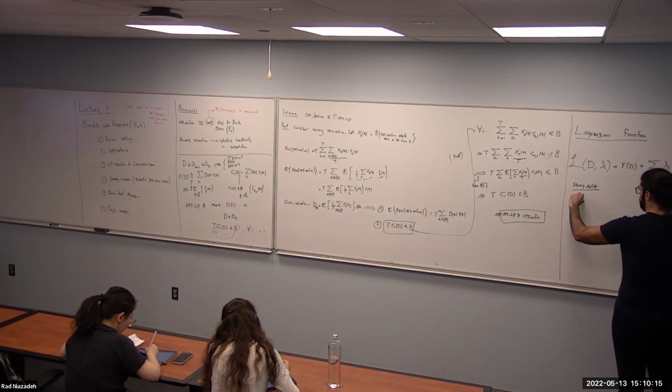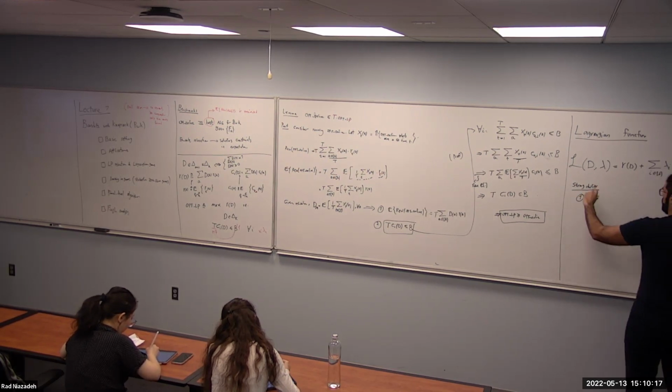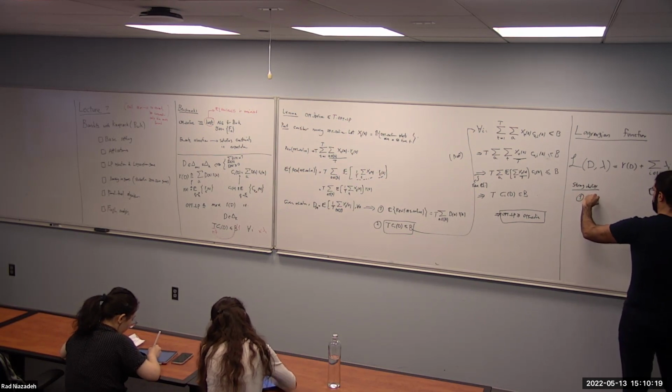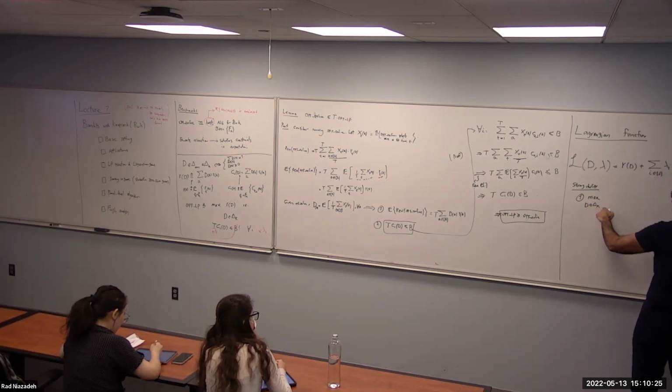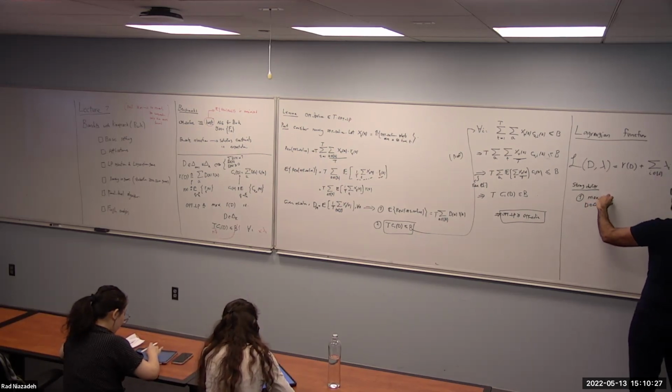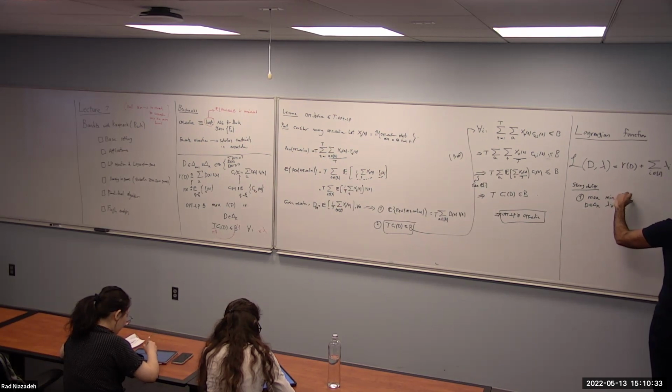So property number 1. If I look at the max-min problem, where I'm maximizing over all the probability distributions over different arms and minimizing over all lambda greater or equal than 0 of the Lagrangian function, then you can swap the min and max.